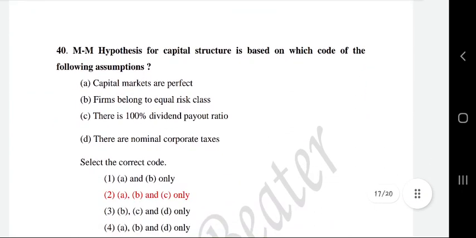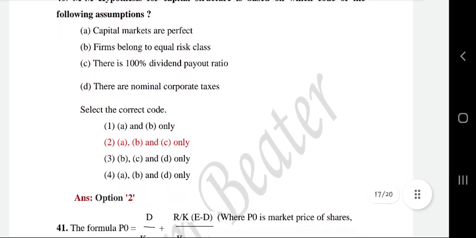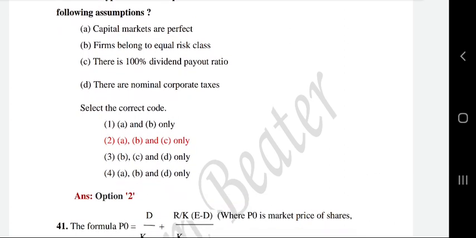Question number 40. The hypothesis for capital structure is based on which of the following assumptions? Options A, B, C are included in the assumption category. First, capital markets are perfect. B, firms belong to an equal risk class.